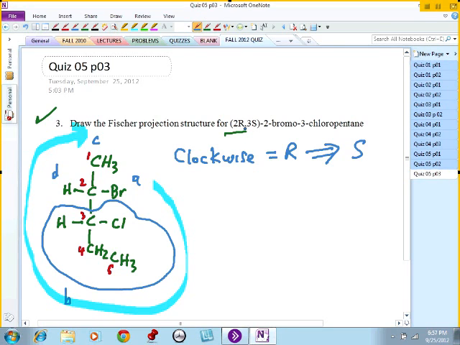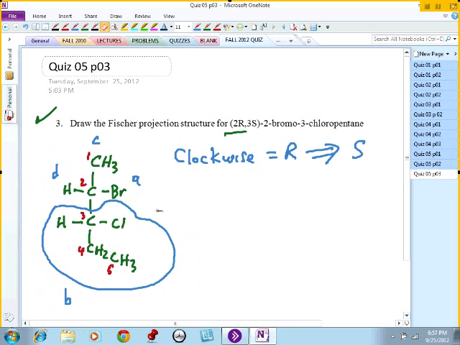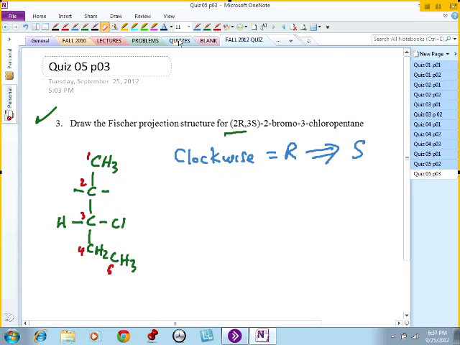Okay? Now, what do they want us to do? They want us to give 2R. So therefore, since we want 2R, we say, okay, that is not correct. Therefore, say bromine is here and hydrogen is here. Do you follow that?